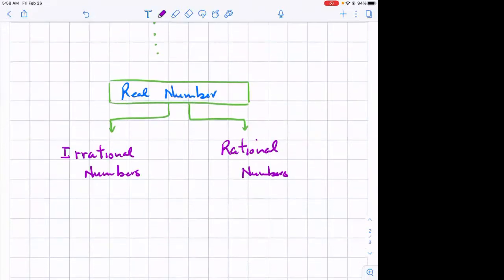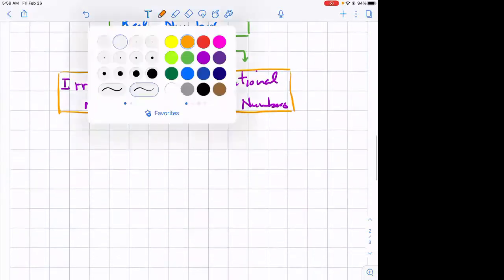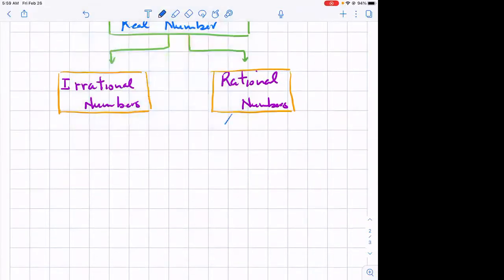Now there are not many subsets under irrational. But under rational, there are so many that you are aware of. Under rational, this is where you have many different other branches. Many of them you can fill in here. Some of these that I'll be referring to will be integers.